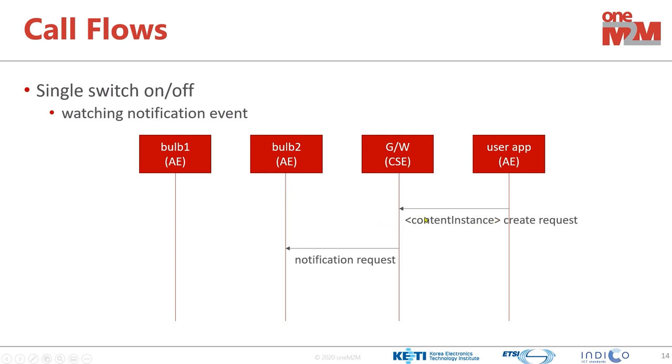Then the newly created content instance is delivered in the notification request from the CSE to the lightbulb, because they have created the subscription to get the newly created content instance event, and we will try it soon.